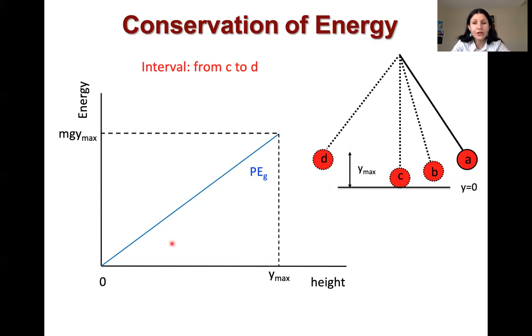So this is the plot of gravitational potential energy. When y equals 0, gravitational potential energy has to be 0 too, because it's mg times y. And then at its maximum height, which is at location D, it's just going to be mg times y maximum. It's linear with height, so it's just going to be a straight line.